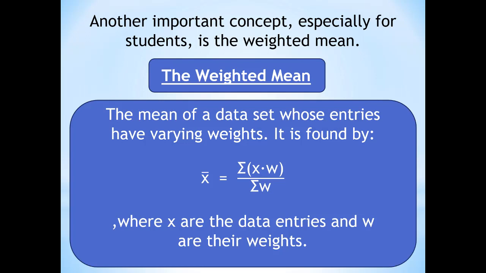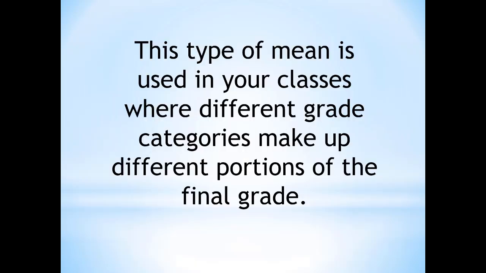Where would you ever encounter a situation where some of the data values mattered more than others? And the answer is this class right here, and a lot of your classes. So this is the type of mean that you're using in your classes where different grade categories make up different portions of your total overall final grade.